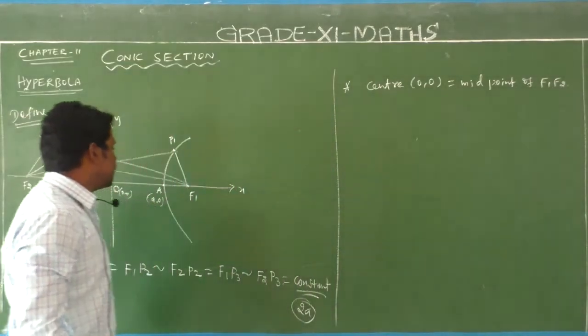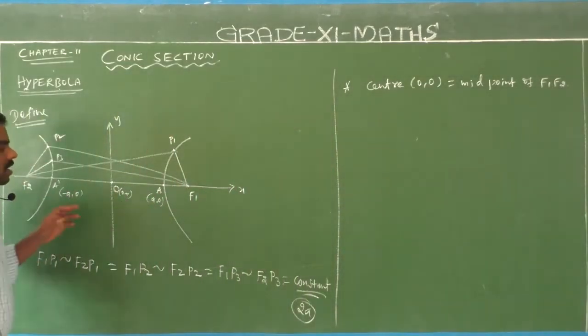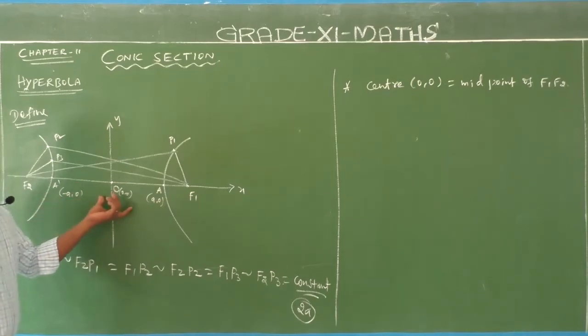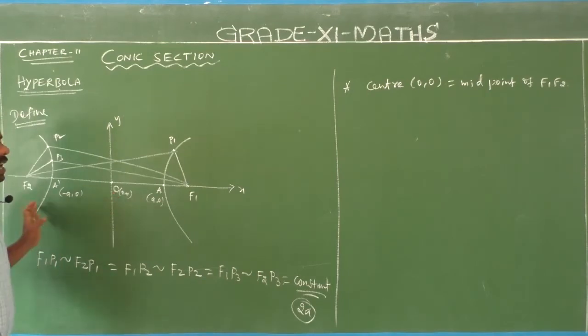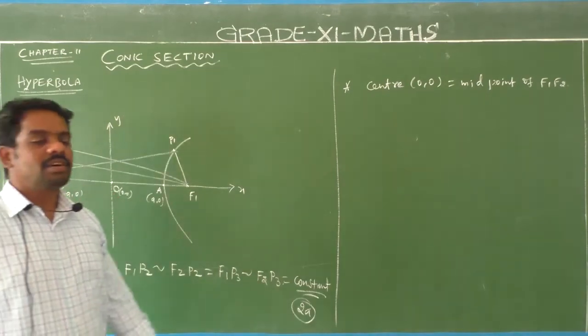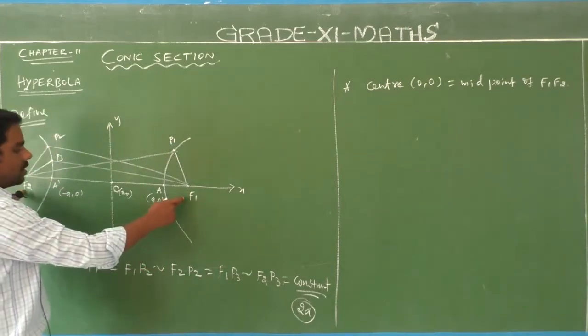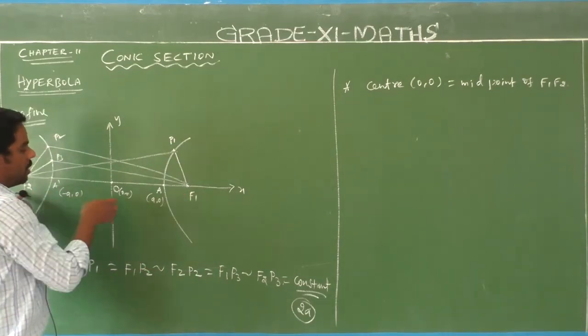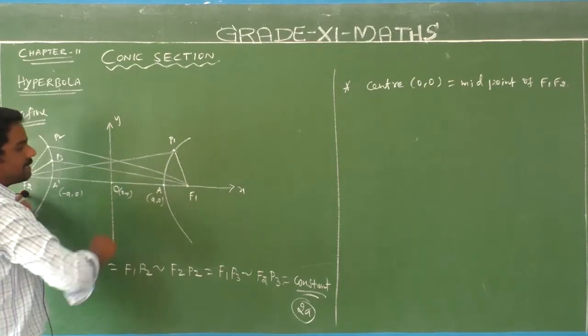The midpoint of the line joining the points F1 and F2 is the center. On this line F1F2 the midpoint is O. This point is called the center.